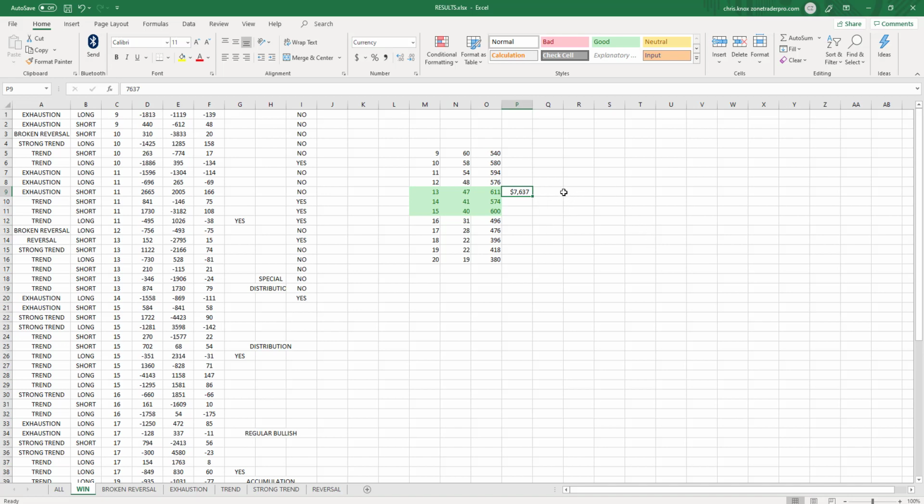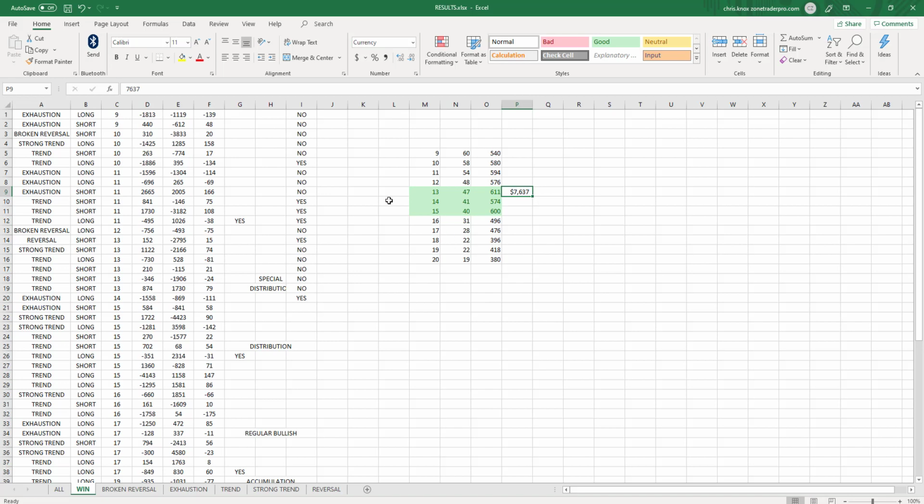We would need a month or two of data, and that is a lot of work, but if you want to prove that your system works, that's the work that needs to be done, and this is how you go about getting there. The only other thing that there would be to study is we should also study where our losses are, and that would be done on, again, a separate worksheet.